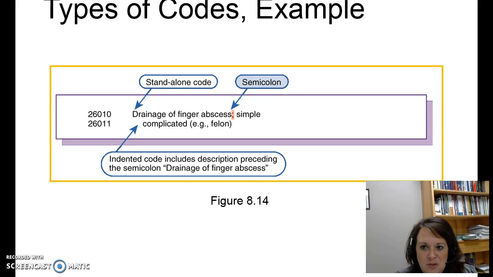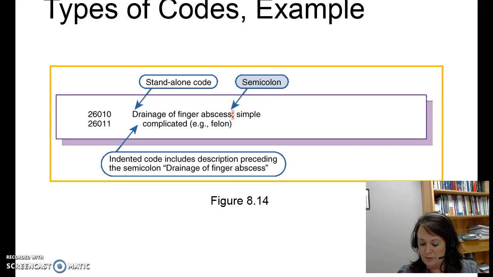Now, it is not correct to say all of it. You don't want to say drainage of finger abscess, simple, complicated. Simple, complicated don't make any sense. Which one is it? You can't do that. You stop at the semicolon and jump down. So for any indented code, if you want to read that whole description of that procedure to make sure you have it right, read all the way on that left justified one until you hit the semicolon, stop, jump down, and then read the rest of it.